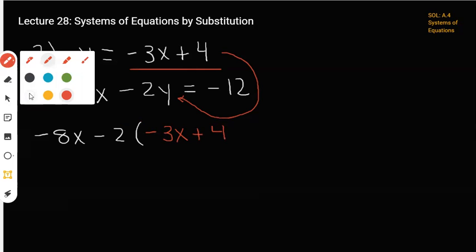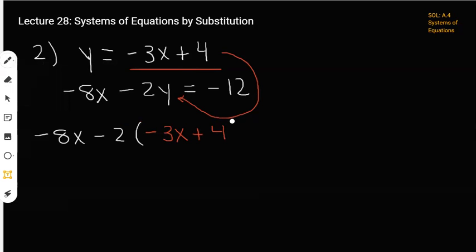So I just plug that into the parentheses like that, close it up, and then everything is set equal to negative 12, just like it is in the top equation. The only thing that I've done is replace this y in the bottom with negative 3x plus 4. And I can do that because y and negative 3x plus 4 are the same thing.